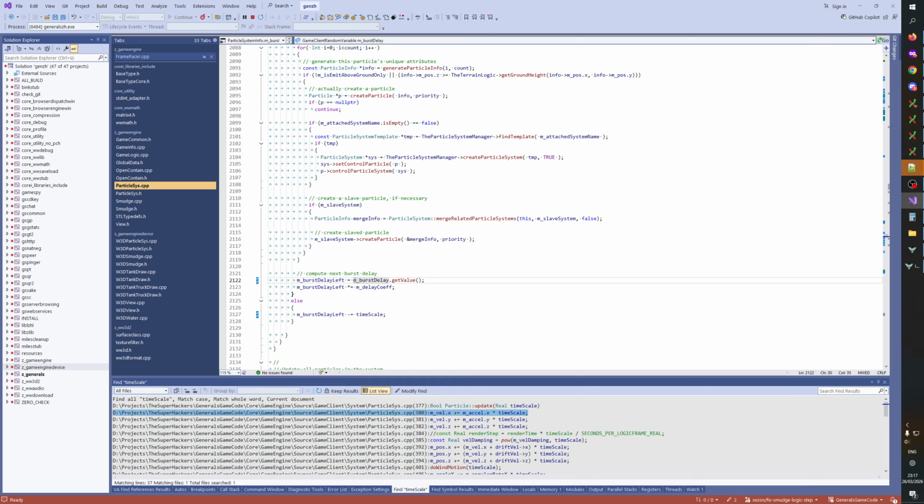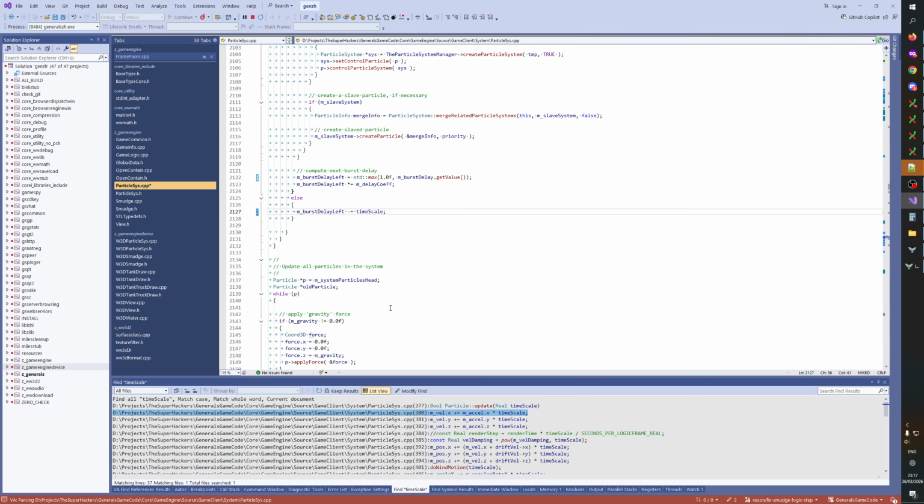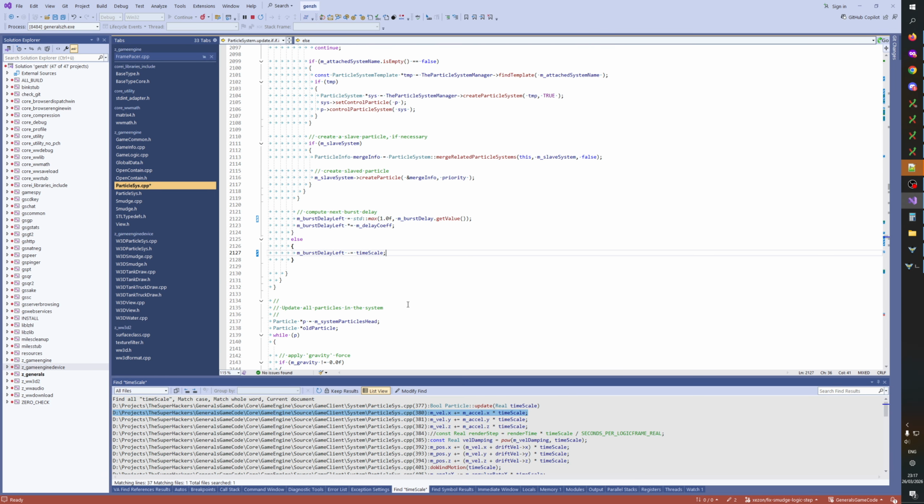I think here we need to say std max 1.0f. So at most 1, because that's what the original did. Max. Okay, let's test that.